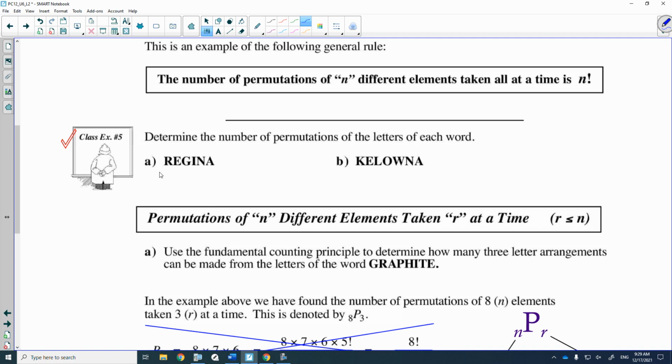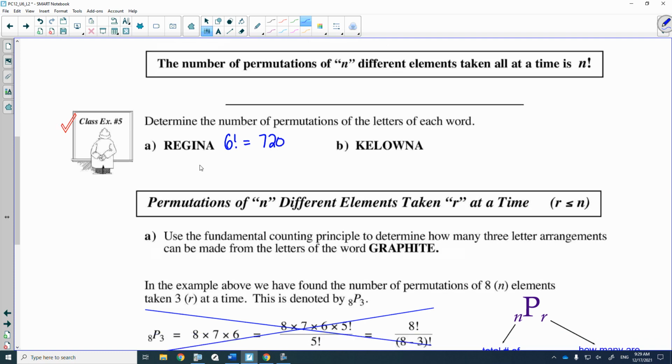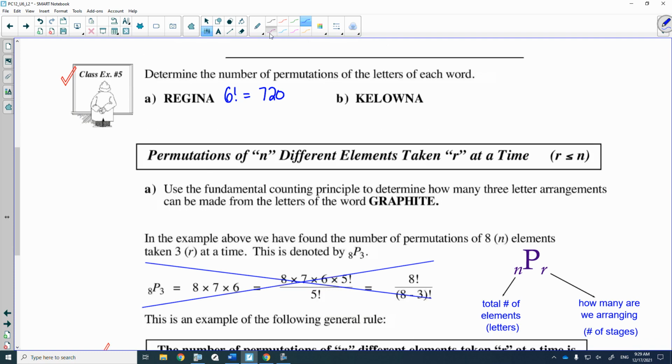Regina has 6 letters, so that would be 6 factorial. If you type in 6 factorial on your calculator, you're going to get 720 different permutations or 720 different arrangements for the letters in this word. Make sure you're able to also understand and illustrate that using the fundamental counting principle.